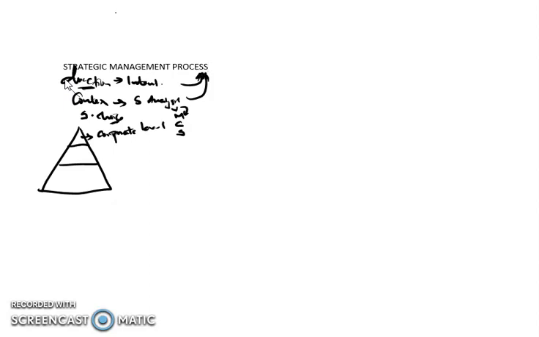And the vision informs the mission, which informs the corporate objectives, and the corporate objectives inform the corporate strategies. Now, at this other level, we have what you call the business level strategy.